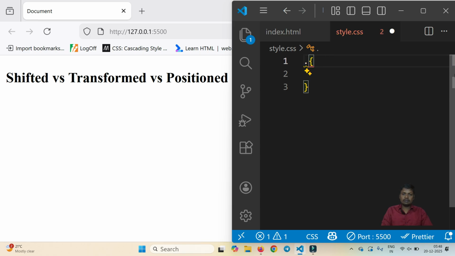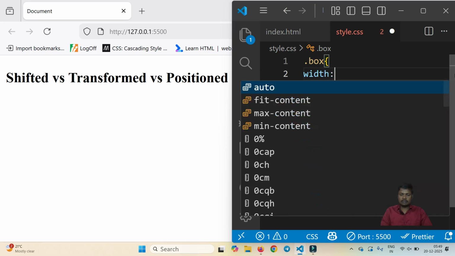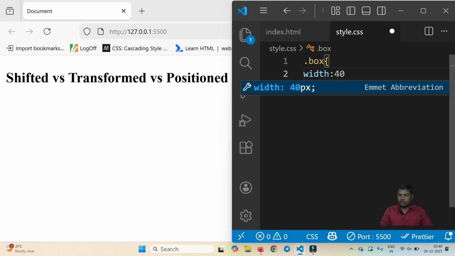First we have box one. Width, I hope 40 pixels is enough.